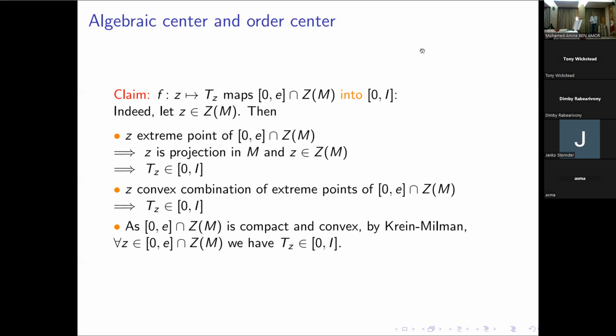So we can get every element as a limit of convex combinations of extreme points by Krein-Milman. And since the map assigning Tz to z was continuous for all these topologies, this converges, and therefore we also get it for all elements from these intervals. So we get the "into" part.